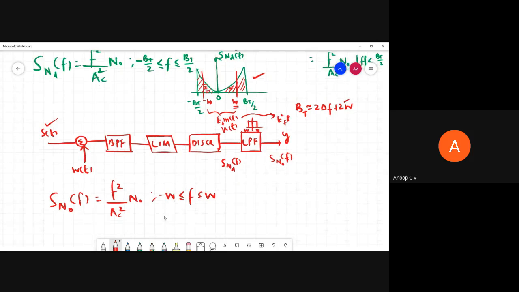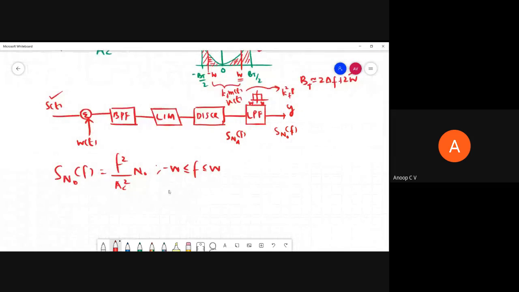So this is S N O of F. Maybe I can plot this: this is minus W, this is plus W, this is 0, this is S N O of F. This is the PSD of noise at the demodulator output.